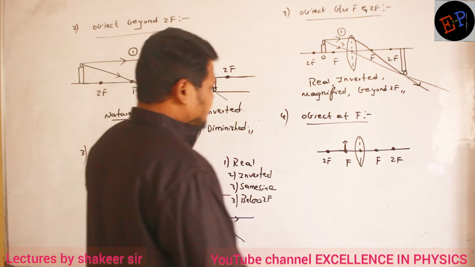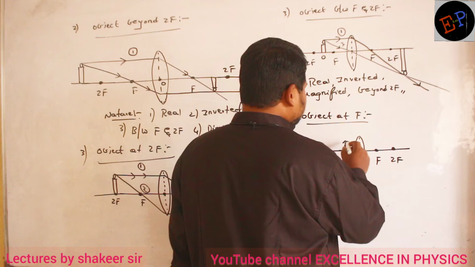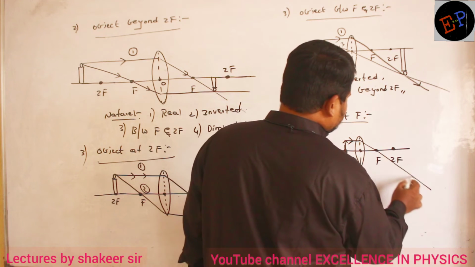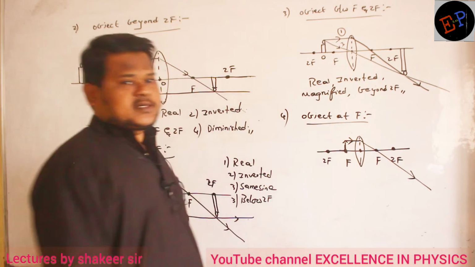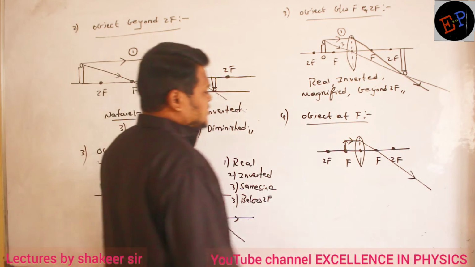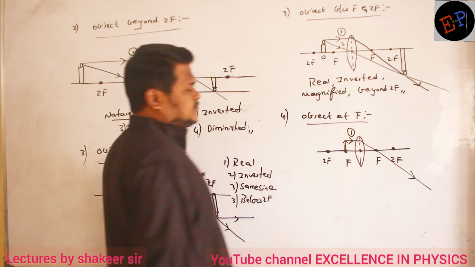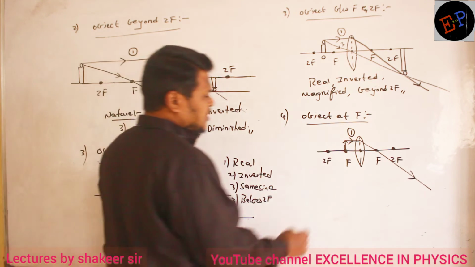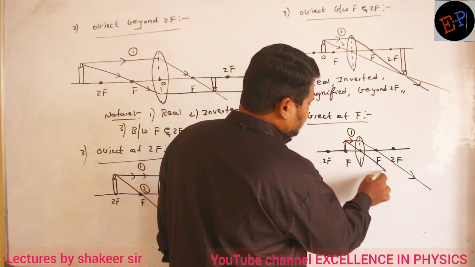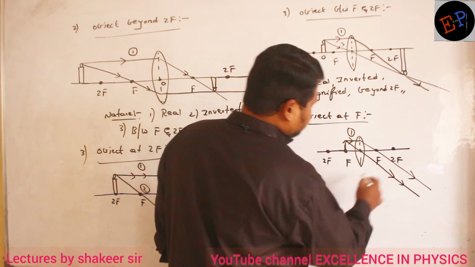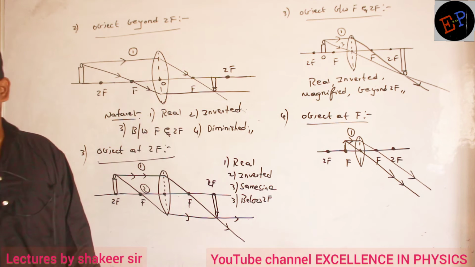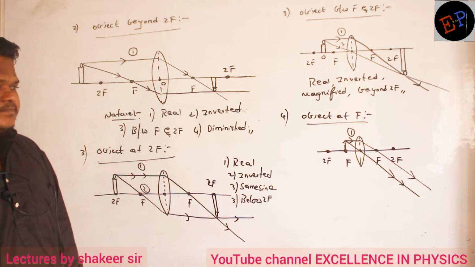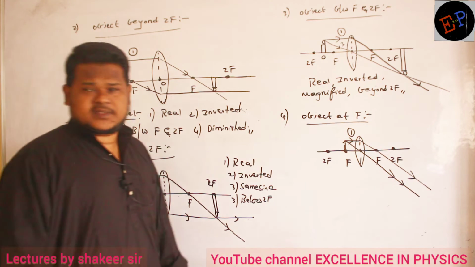Light rays passing parallel to the principal axis, after refraction, should pass through the focus. Are you able to understand? Clear now? This is ray number 1. Now I can use ray number 3 also. What is ray number 3? Light passing through the optical center will pass undeviated. Clear? So are the light rays meeting with each other? They are not meeting with each other.